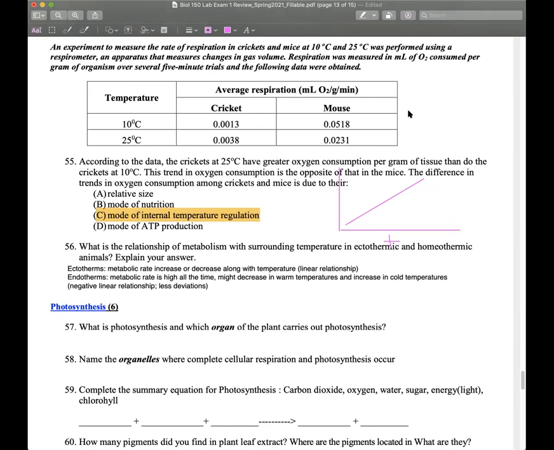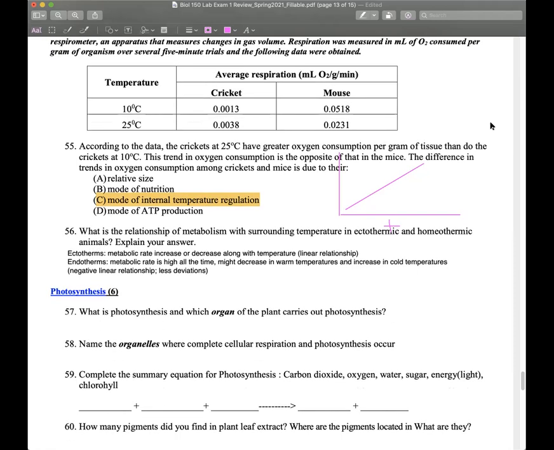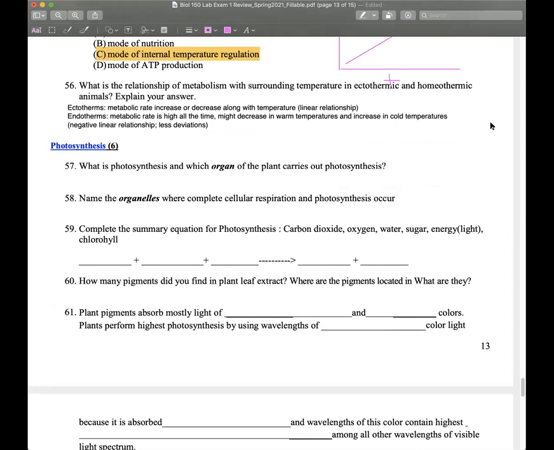And actually, if you go to the lab handout for exercise 5, there's a link to a YouTube video that does a really good job at explaining the difference between ectotherms and endotherms. So I would say go back and watch that, and hopefully that'll clear up any misconceptions you might have. It's another way to take in that information. It's not here in the review packet, but I would recommend watching that. I think it's like 10 or 12 minutes long.